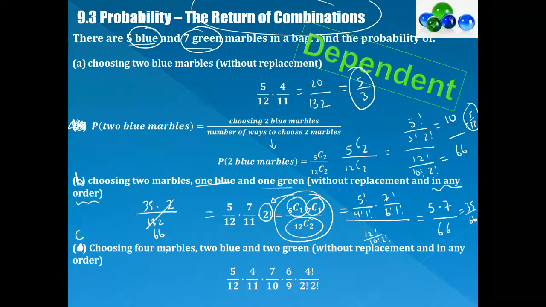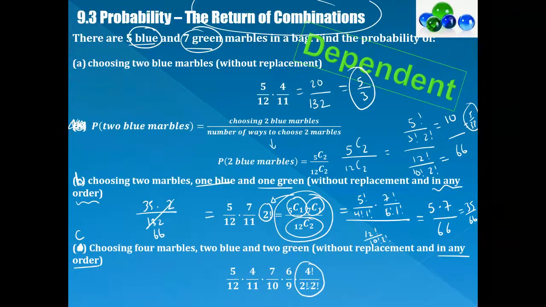And then down here, choosing 4 marbles. Now I'm no longer picking 2, so things are going to change a little. So here's what's happening here. I pick 4 marbles without replacement and in any order. Again, keywords there. We had a 2 factorial here, and here it looks a little different.